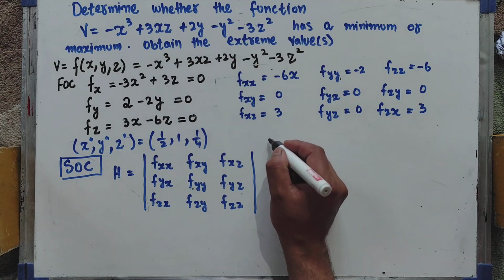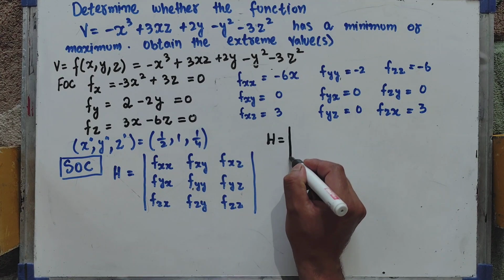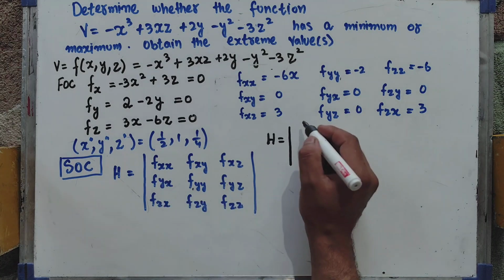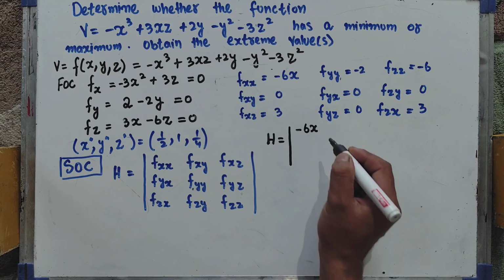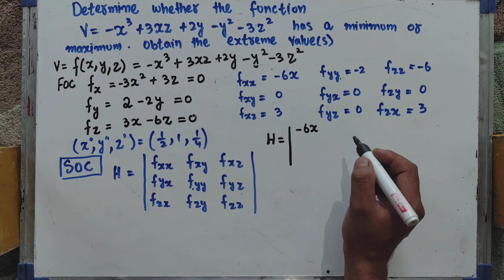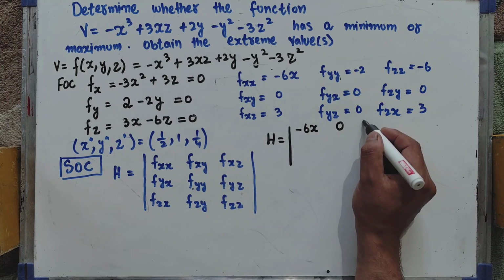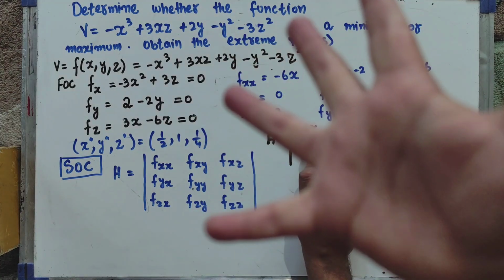So what will we get? H will be equal to: we have f of xx, which is negative 6x. Then we have 0 in place of xy. Then we have 3. F of yx is 0.